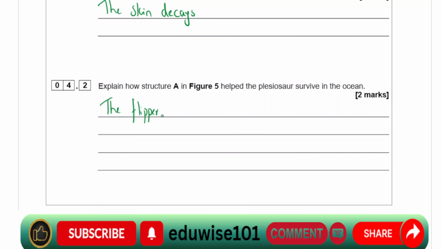Or you could also say fins, flipper-like structure helps it to swim or used in swimming. That will give you the 2 marks.